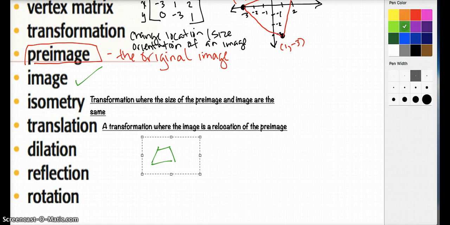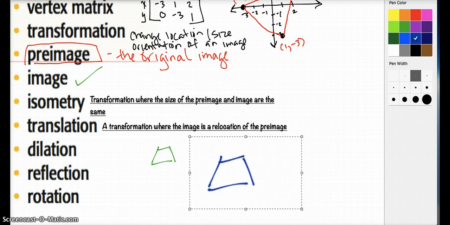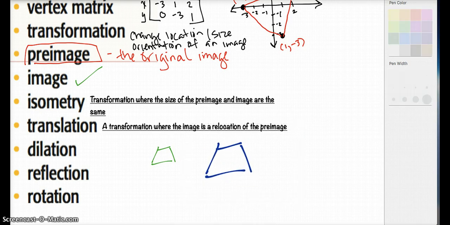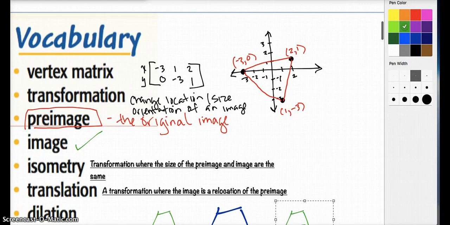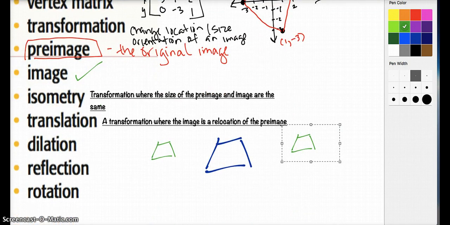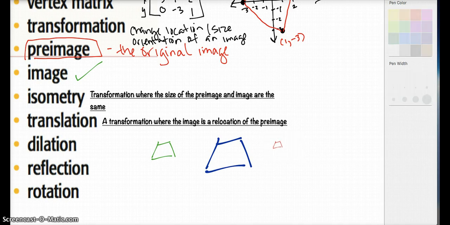So if I copy it, here's the other one, and I were to create this other guy, and let's make it blue, and I were to stretch it out, this is a dilation. So any kind of stretching or compression would be considered a dilation. So all of these are considered a dilation of one another. I'm going to change this to red, and I'm going to make it small. And so this is a type of dilation. If the green is the pre-image, these guys could be the image depending on what kind of dilation we make.